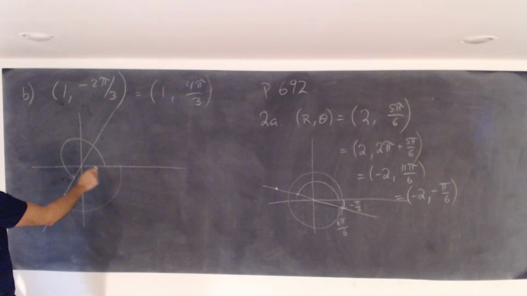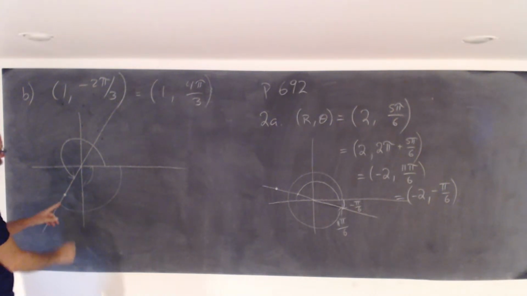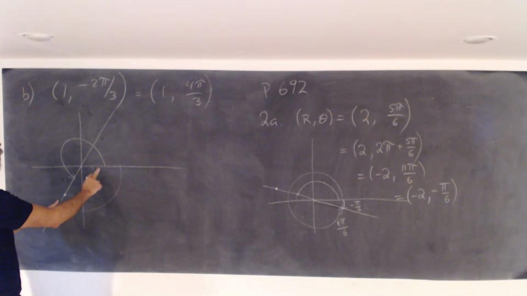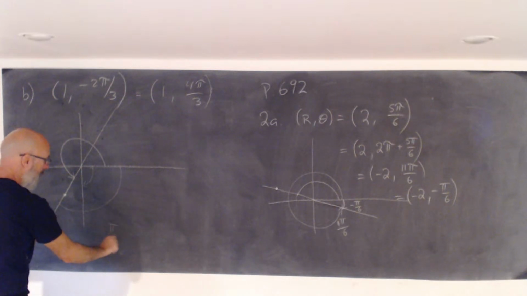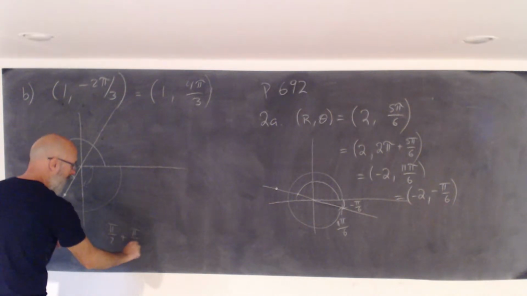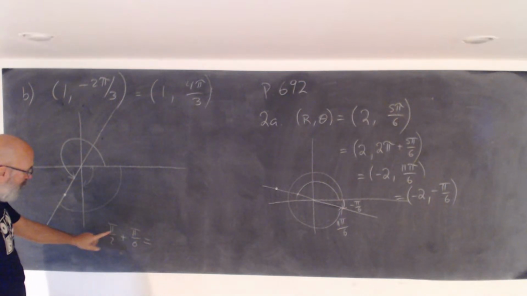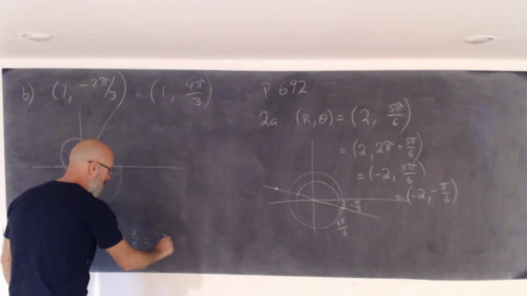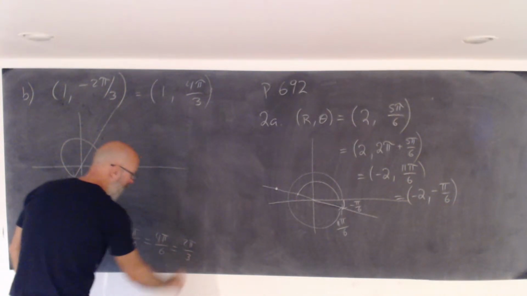What is this angle? This angle was pi over 2, and the whole thing is 2 pi over 3. So this has to be pi over 6. Pi over 2 plus pi over 6 is what? This is 4 pi over 6, which is 2 pi over 3.